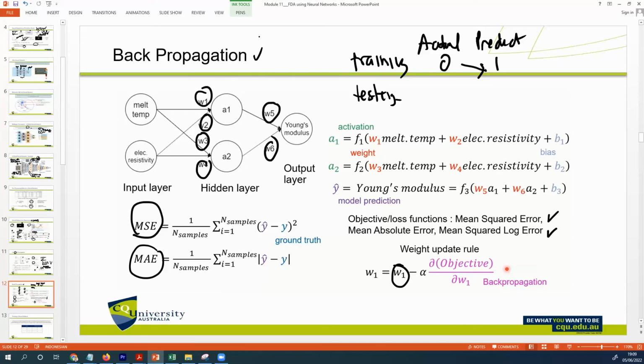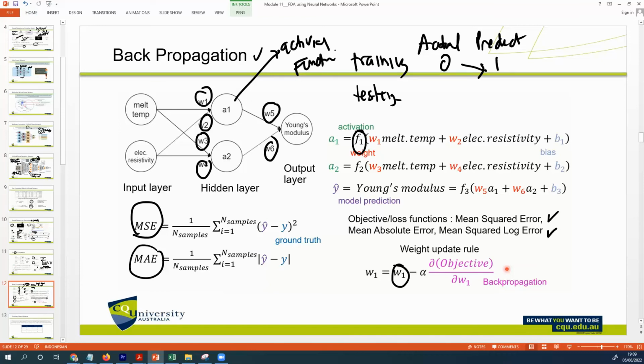Actually, what is F1 in here? F1 in the function. Function 1, function 2. So this is the activation function. And then W is weight, right?